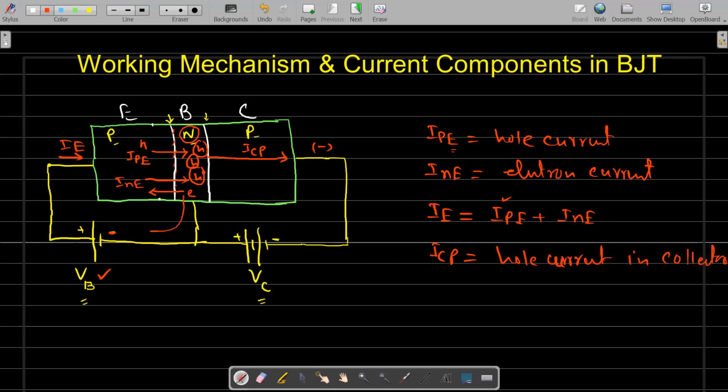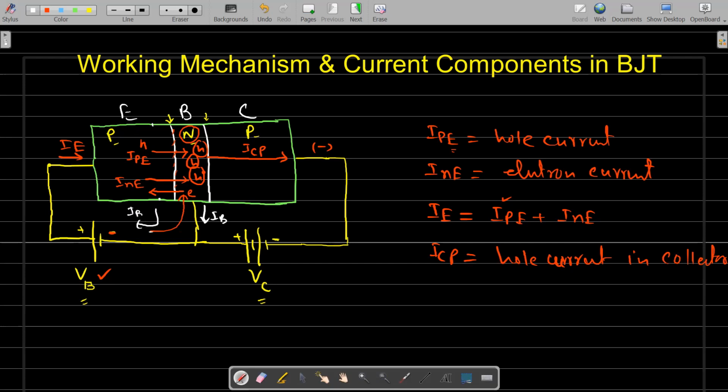That means the battery will supply the free electrons into the base, and as a result there is movement of electrons from this side to this side. As a result, there will be some base current, whose direction is just opposite to the movement of electrons. So the base current will flow in this direction, IB.